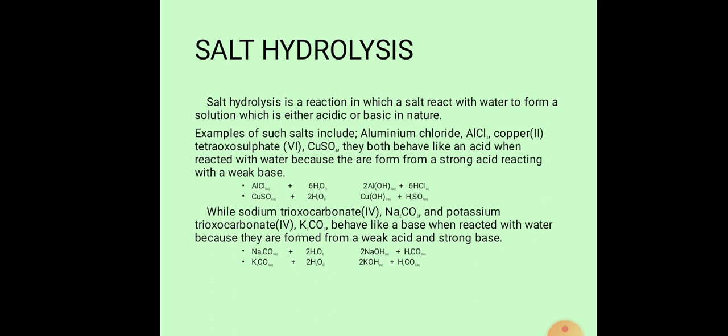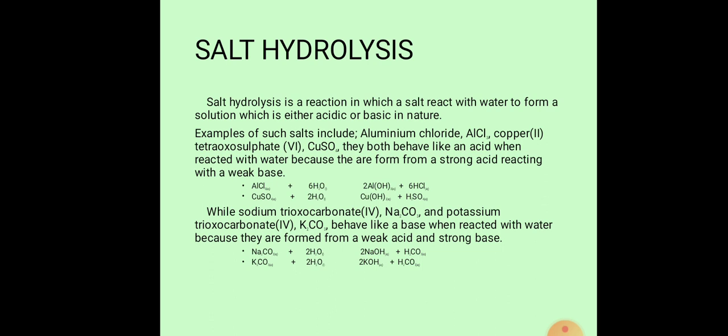Therefore, the solution will turn blue litmus paper red. The same thing happens for copper II tetraoxosulfate VI salt when it reacts with water. A base, copper hydroxide, which is a weak base, is formed, and also a strong acid, tetraoxosulfate VI acid, is formed, which makes the solution turn blue litmus paper red.